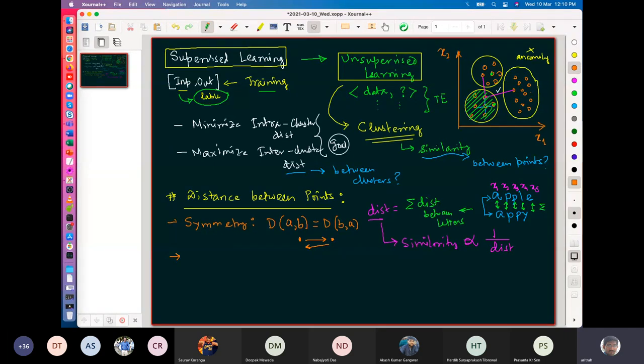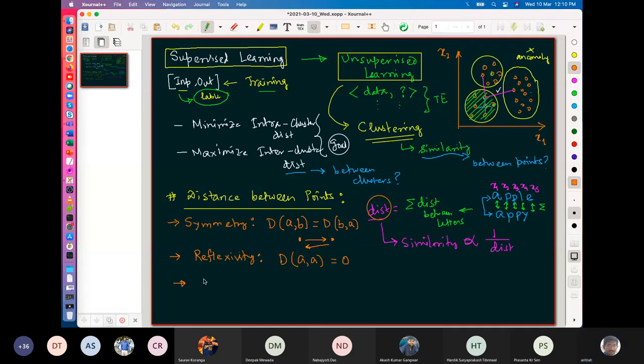The second point you need to consider when you design such a distance matrix is reflexivity, which means that the distance of a point with itself is 0.